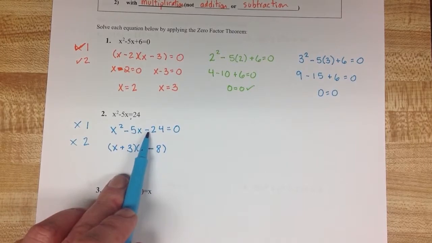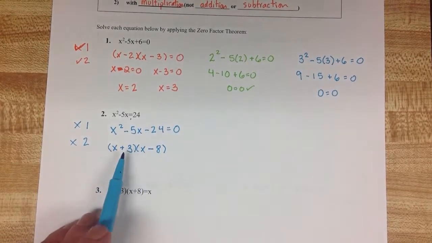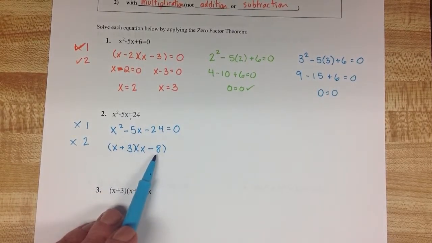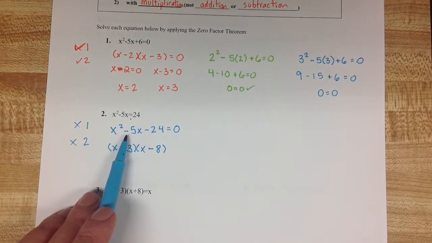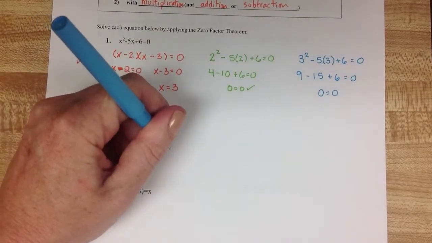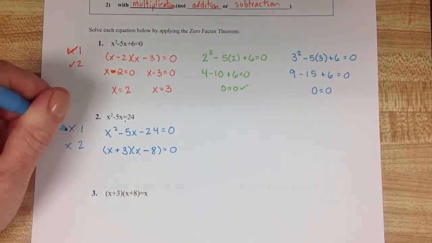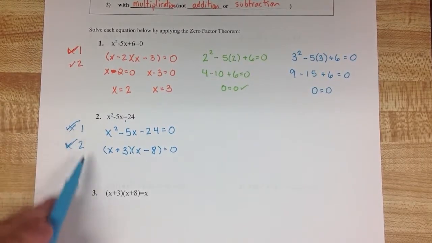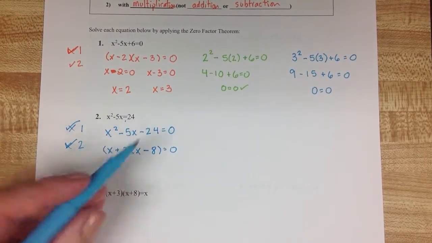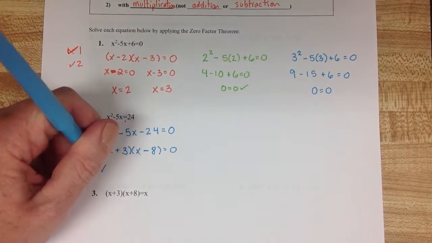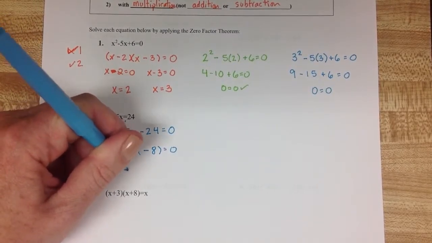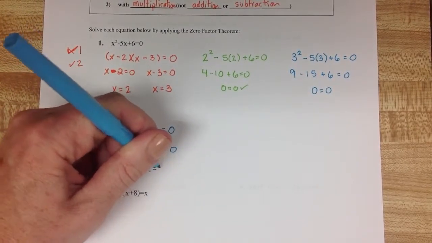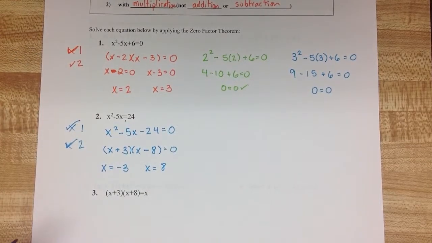Since that's negative, it would be negative 24. And when I add 3 and negative 8, I get negative 5. It's already set equal to 0, so I have now corrected both requirements. Setting each factor equal to 0, I'm going to get x equals negative 3 and x equals positive 8.